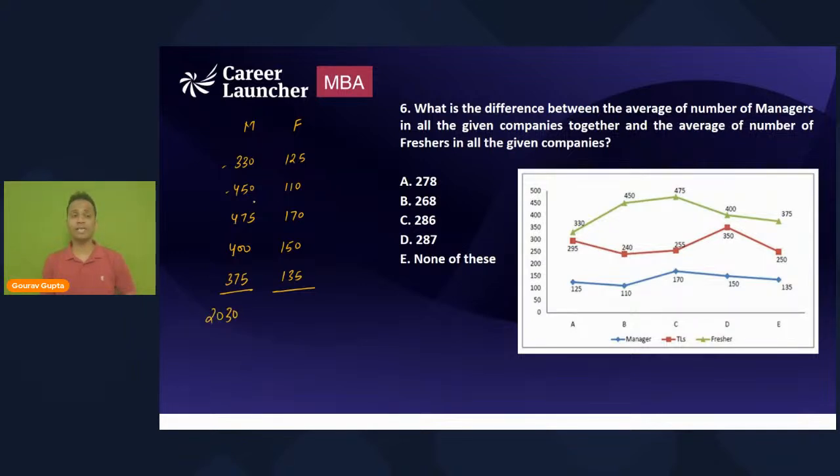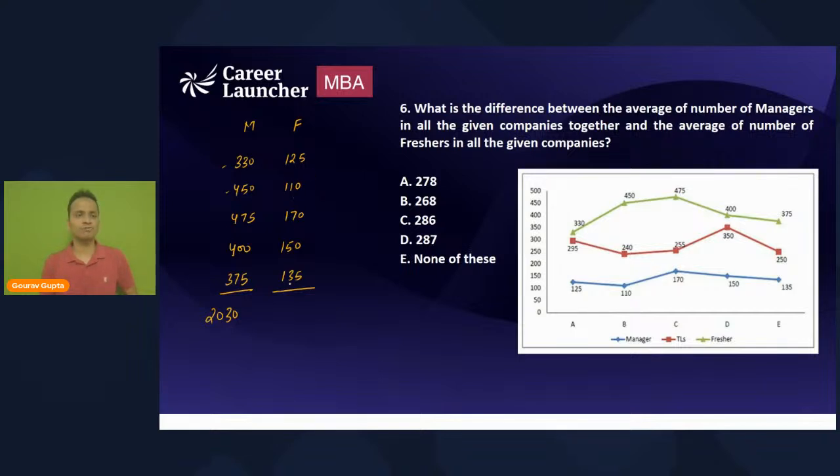So I'm getting 2030 as the number of managers. I'll cross check: 80 and 150, 230. So 2, 7, 11, 15, 18, 20. Perfect. It is good.